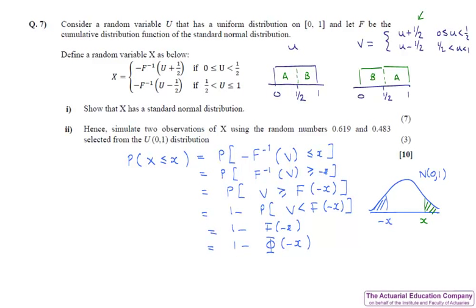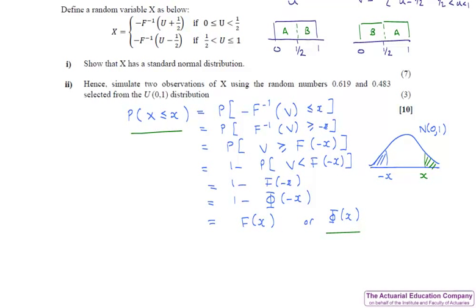And so we have 1 minus the probability it's greater than x, which is exactly the same as the probability it's less than x, i.e. F of x, or phi of x, if you prefer it in the posh format. And so we have shown that the CDF of X is equal to the CDF of a standard normal distribution. Since they have the same CDF, they must have the same distribution.